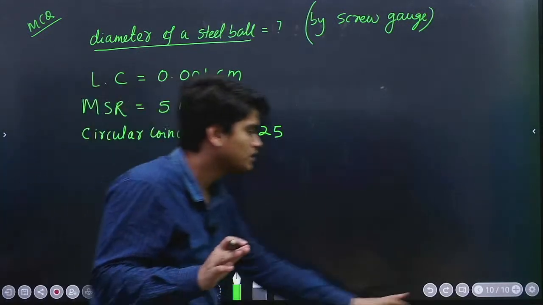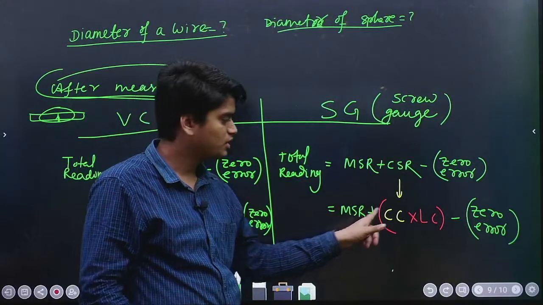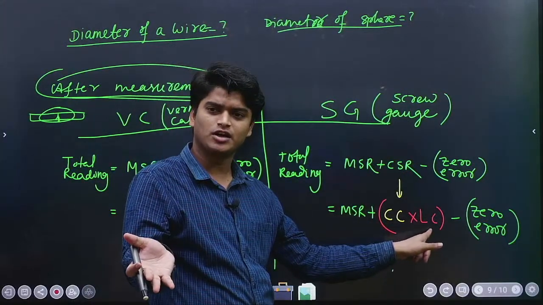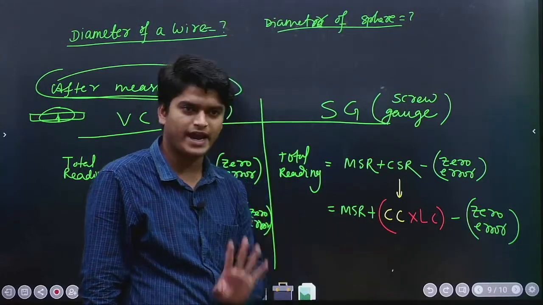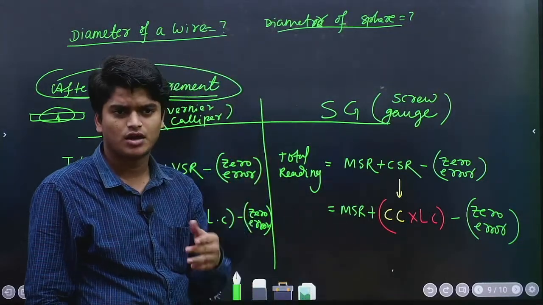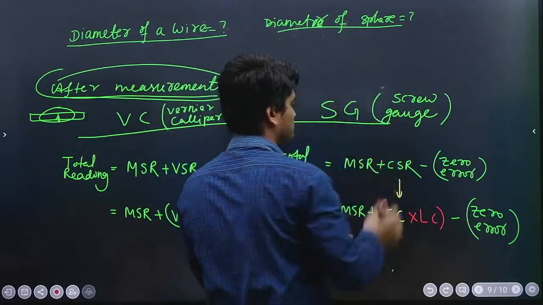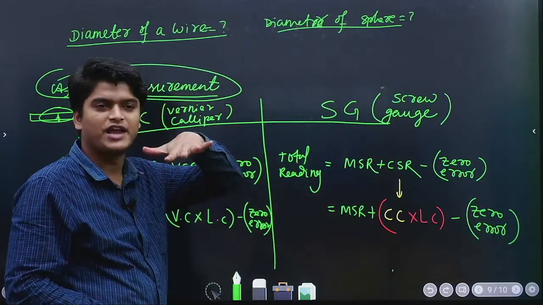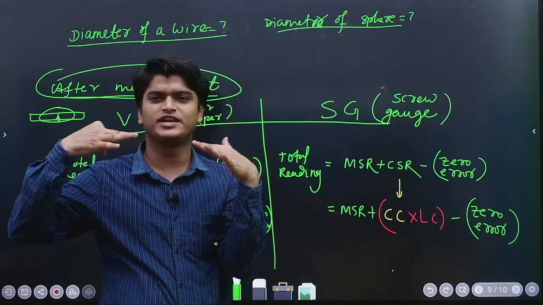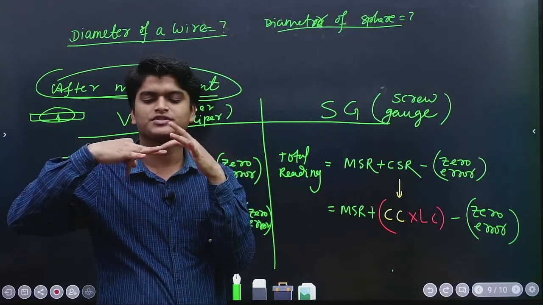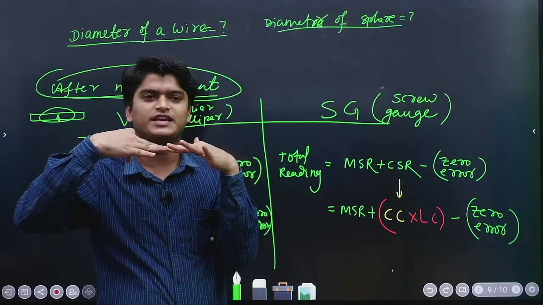See, in this formula, MSR will be in millimeter or centimeter. Least count will be in millimeter or centimeter, but CC will be a number, like 25 or 10, because it is a division. I'll explain with my fingers: this instrument has 5 divisions, this instrument has 3. Suppose it is matching like this.